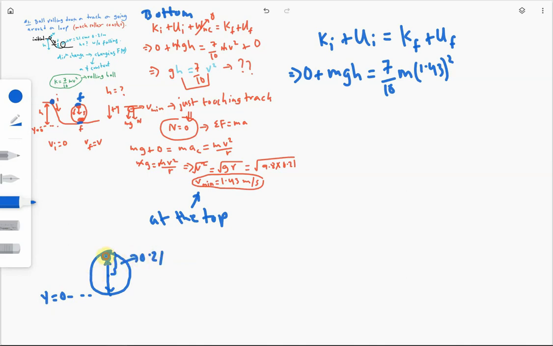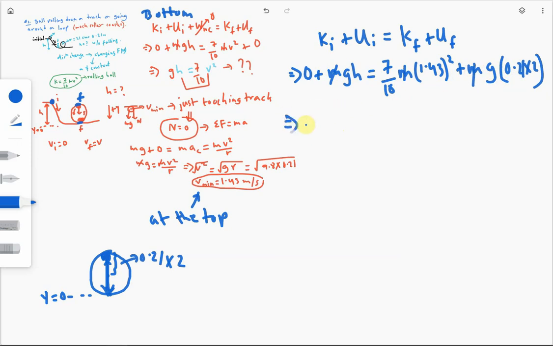So the height from the bottom would just be 0.21 times 2, the diameter of the circle. So the potential energy would be m times g times 0.21 times 2. Then we have m in each of these terms on both sides, so we can divide it out. It cancels everywhere.